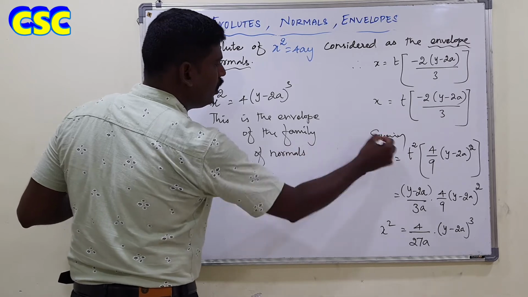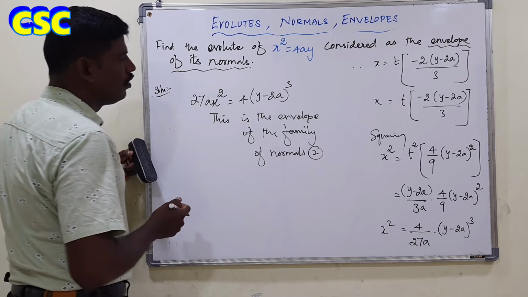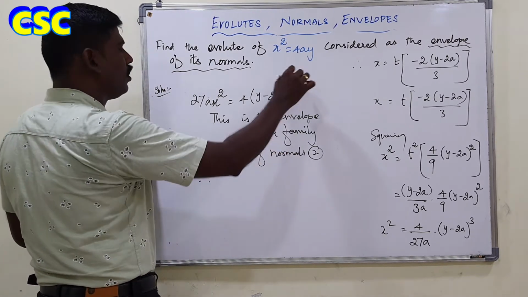Family of normals given in the problem 2, isn't it? Right? Therefore, what is the envelope of the family of normals? That is the evolute of the given curve.